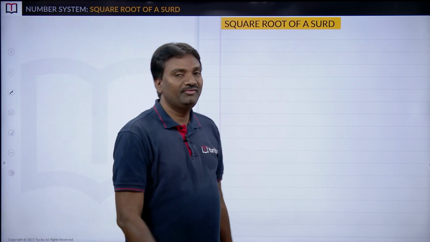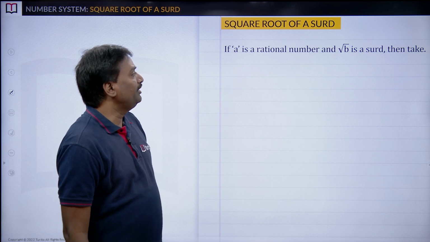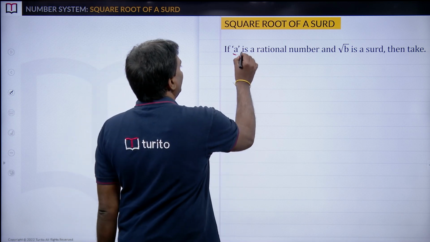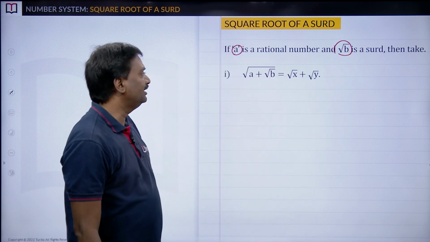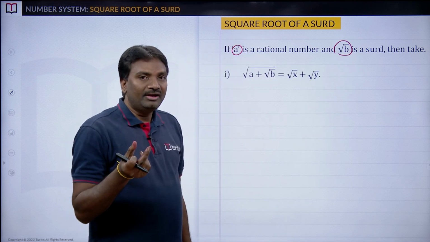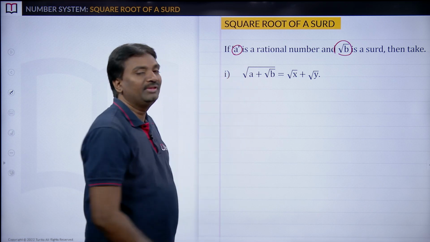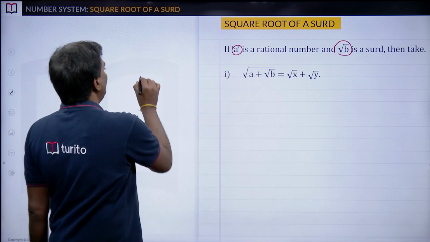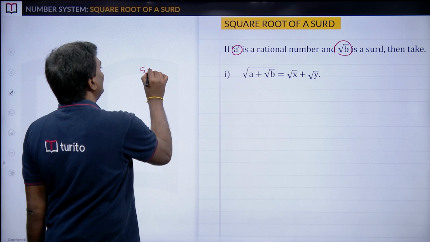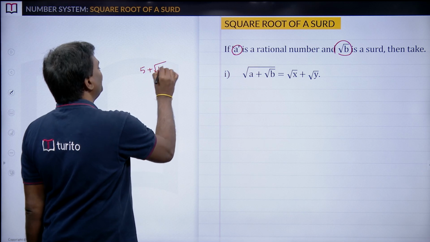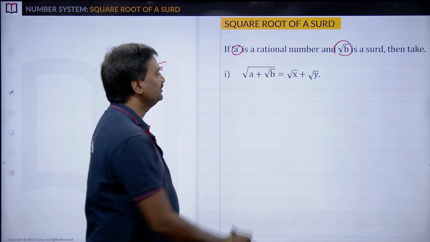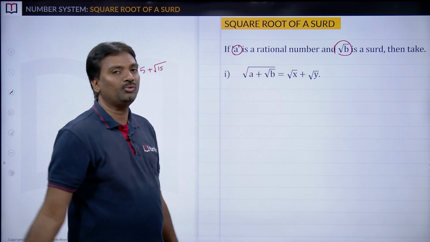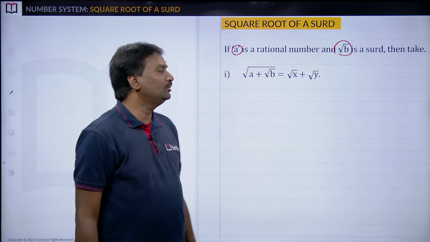Now, square root of a surd. If a is a rational number and root b is a surd, and the given expression is of the form a plus root b, for example, find the square root of 5 plus root 15. Here in place of a we have 5, in place of root b we have root 15, meaning b equals 15.